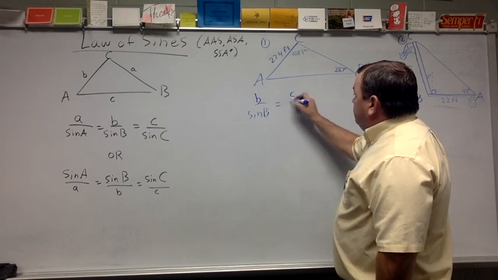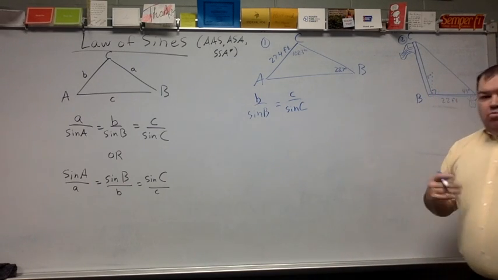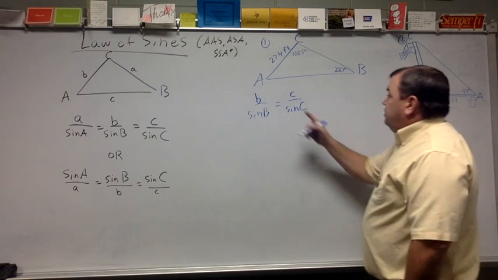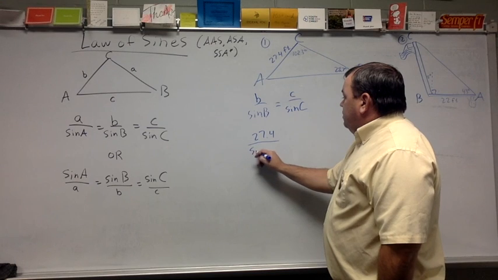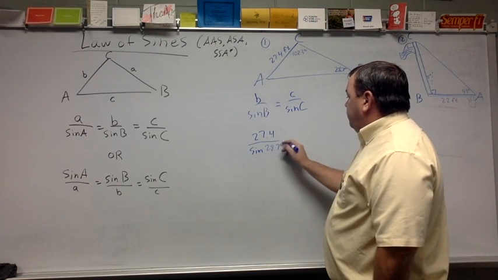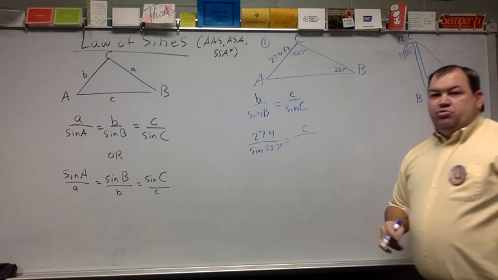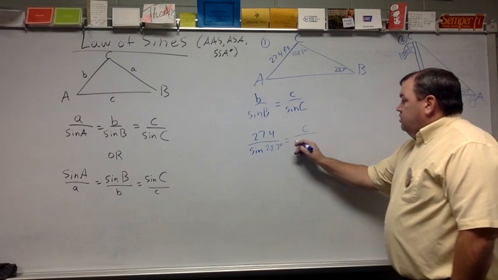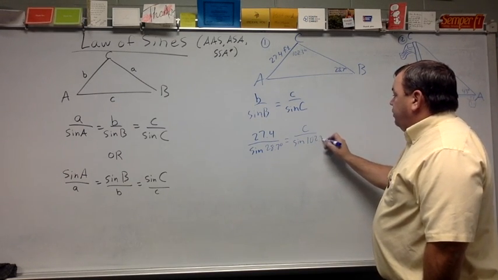I'm going to set up C with the sine of C. Plug in what you know. I know side B is 27.4. The sine of B is 28.7 degrees. I don't know side C, that's what I'm trying to solve for. But angle C I have, it's 102.3 degrees.